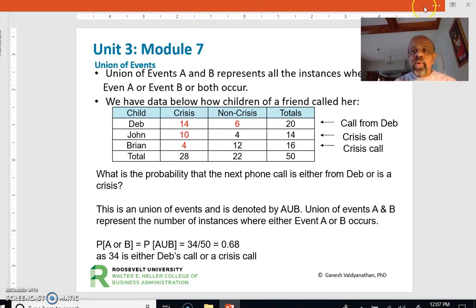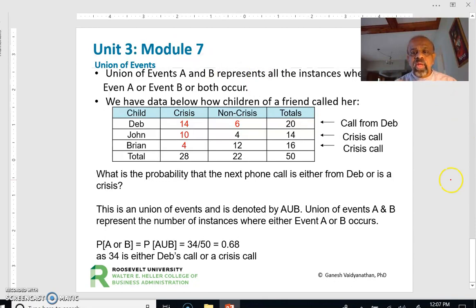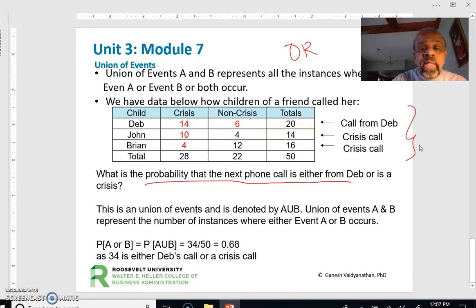Okay, so let's do union next. Now, the union part of it is just the opposite of intersection. So here we're going to use an or instead of an and. That's the basic difference. Okay, I have the same data. I'm going to find out what is the probability that the next phone call is either from Deb or is a crisis.